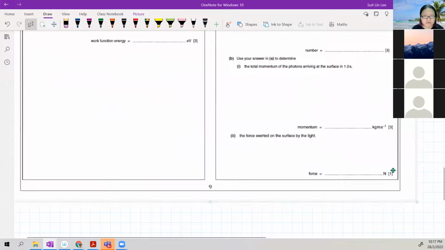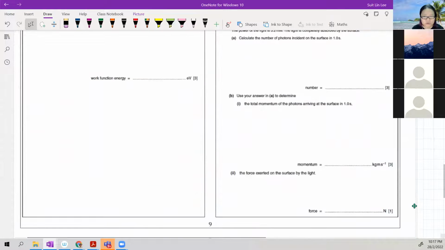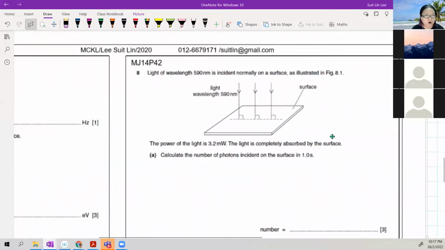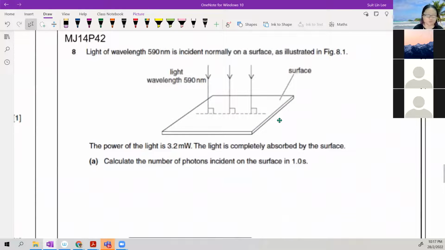So for this question, you are given a light of wavelength 590 nanometer, incident normally on the surface. The power of light is 3.2 milliwatt.